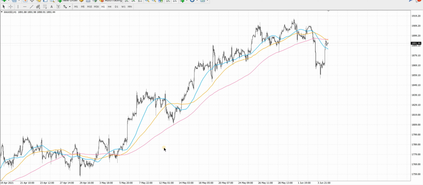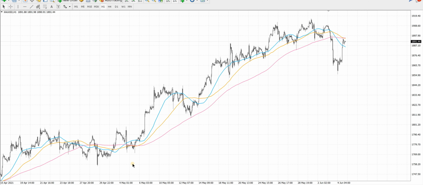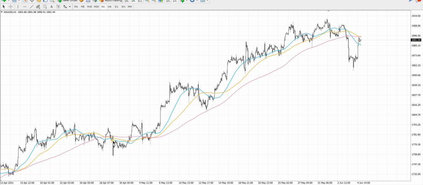So, taking a look at this, we can see on gold that we had a golden cross right here on the H1, where the SMA 100 crossed over the SMA 200. As you can see from there, it was never that low again.